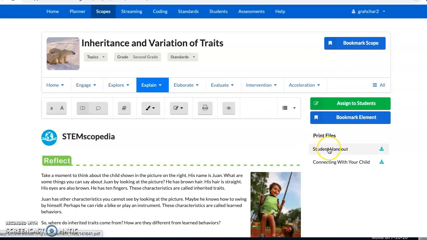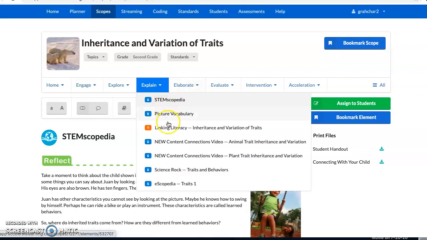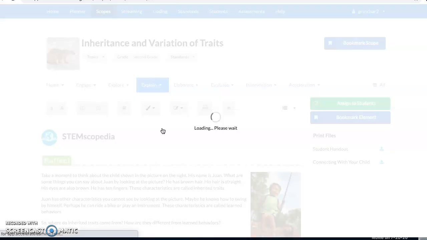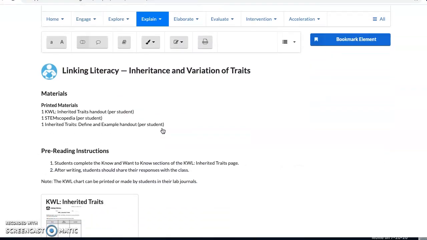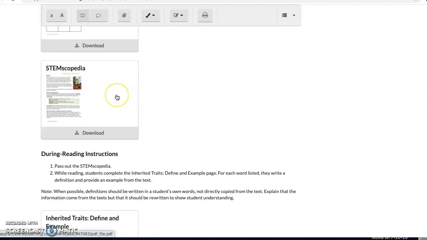If we were just using print materials, like sometimes we were doing last year in person, those can be accessed over here. And I want to point out this teacher-facing document here with the linking literacy. So what this does is it incorporates a KWL chart with the STEMscopepedia.